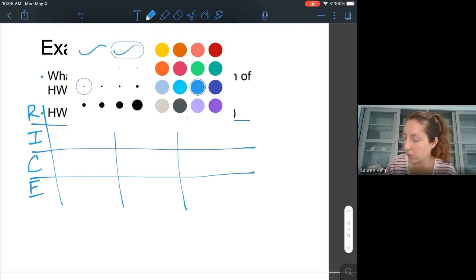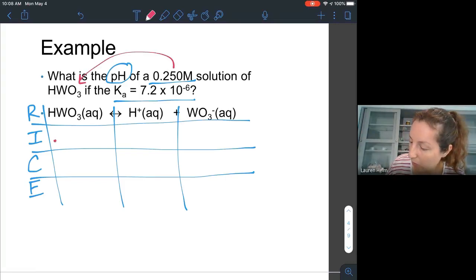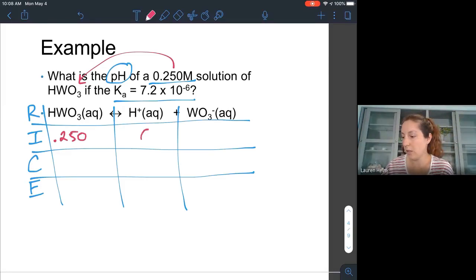I'm going to go ahead and switch colors. So what do we know? We know the concentration of our acid, which is 0.250 molar. Initially, we have no hydrogen and we have no anion. And we're going to make an assumption like we did last week.